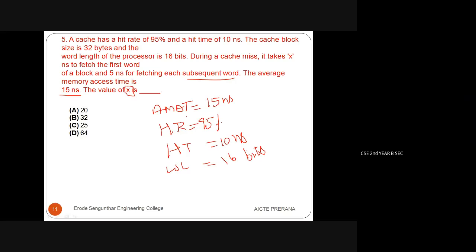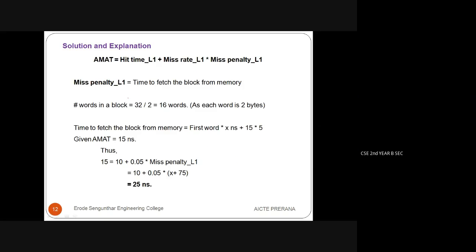What is the value of x? Suppose I am searching for data and it is a miss in that particular location. How much time in nanoseconds will it take to fetch the first word? That is the value of x. Quickly we will move on to the solution. We already know that AMAT, the average memory access time, is equal to the hit time of L1 plus the miss rate of L1 into the miss penalty of L1.